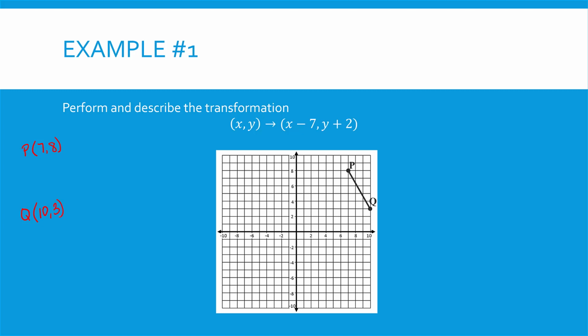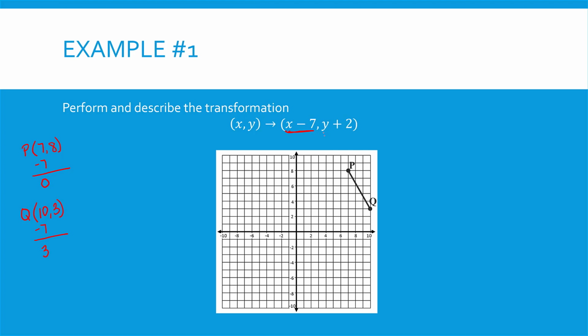So now we need to perform this transformation. What it's saying to do is take x and subtract 7. So 7 minus 7 is 0. I'll do the same thing for Q: 10 minus 7 is 3.